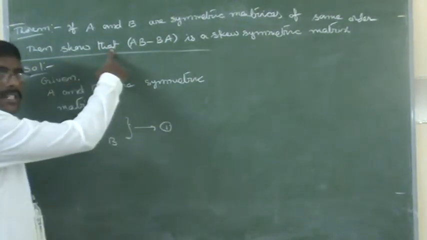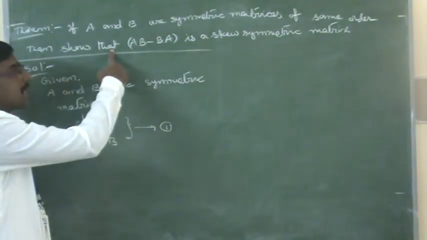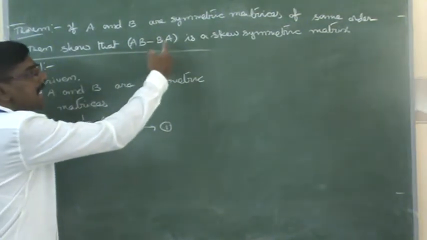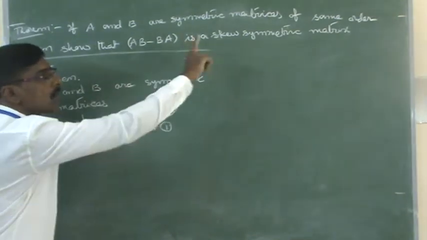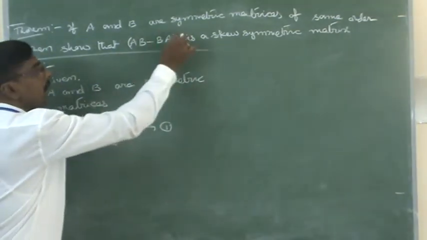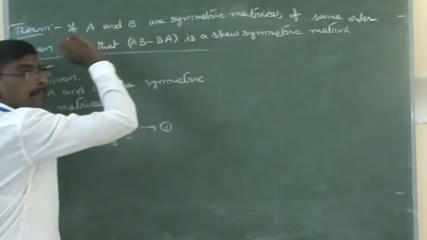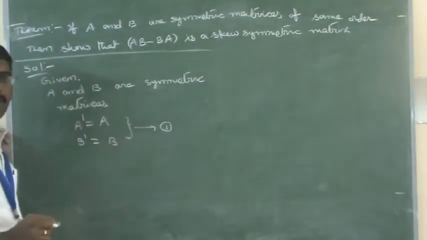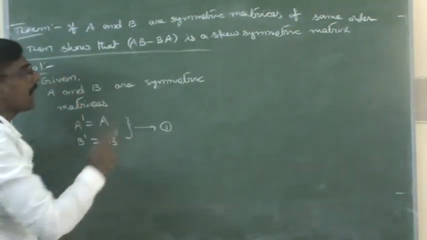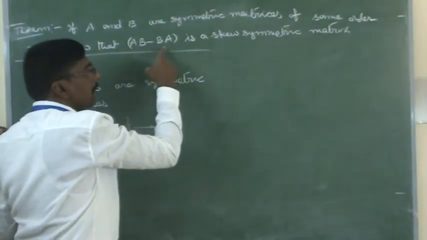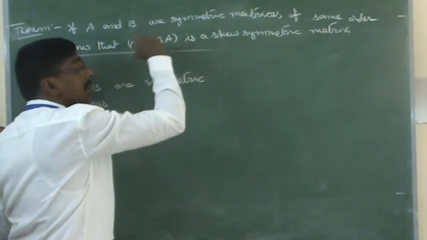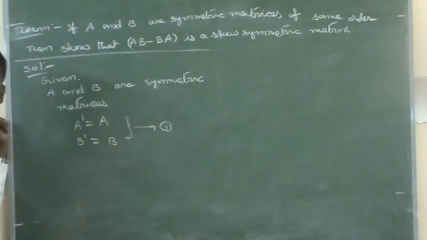Show that AB minus BA, this is a matrix, is a skew symmetric matrix. What is the name of that matrix? AB minus BA is one matrix, and we are proving that matrix is skew symmetric.